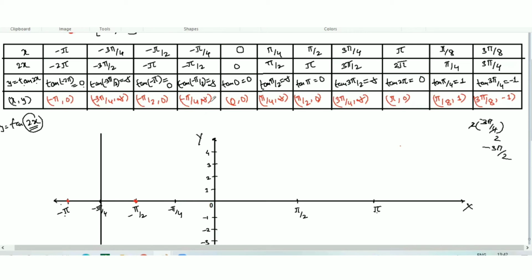So the coordinate point is minus pi over 4, infinity. Let's plot it here: minus pi over 4, and the y value is infinity, so we will not get any value for y. So here as well we need to draw an asymptote line. Let's draw the asymptote line here.